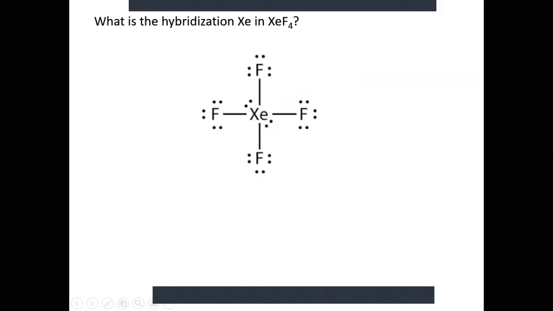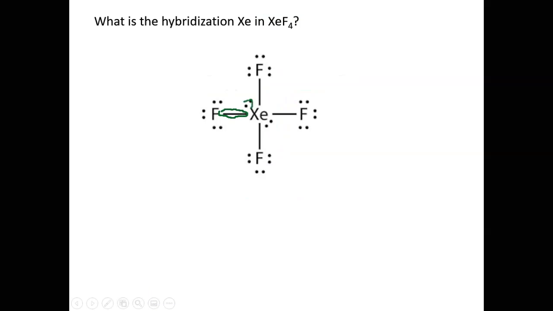Then lastly, we have xenon tetrafluoride. If we count the pairs of electrons around the central atom, we have 1, 2, 3, 4, 5, 6. So we would say that xenon is sp3d2 hybridized.